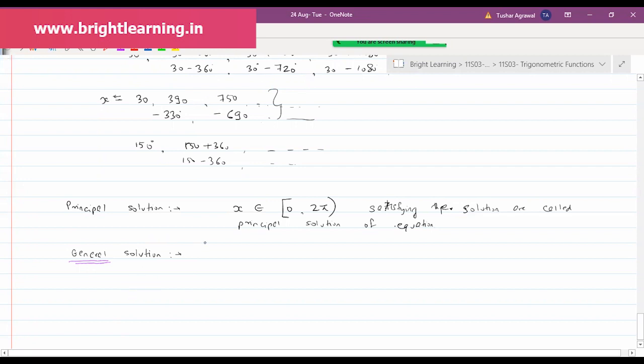They are called the general solution. So the general solution is generally expressed in the form of an integer n.